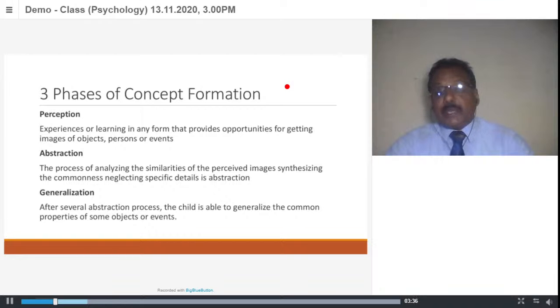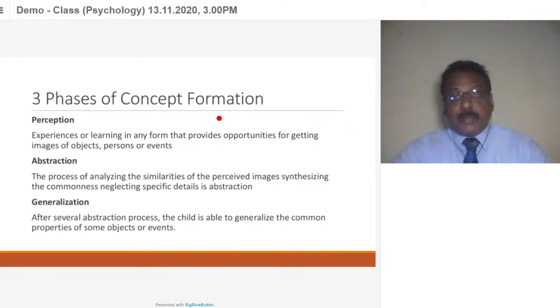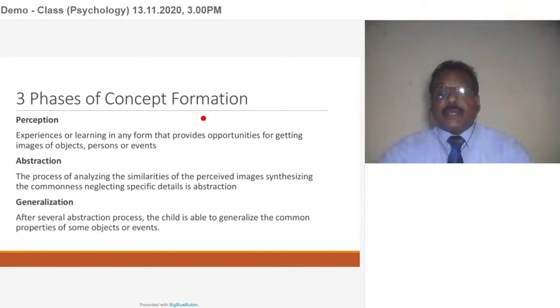These sensations will be carried to the brain, and with past experience, we make some meaning out of the sensation of the immediate environment. So that is called perception. The sensation plus our past experience work together and we can make some sense out of it, which is called perception. This is the first phase of concept formation.